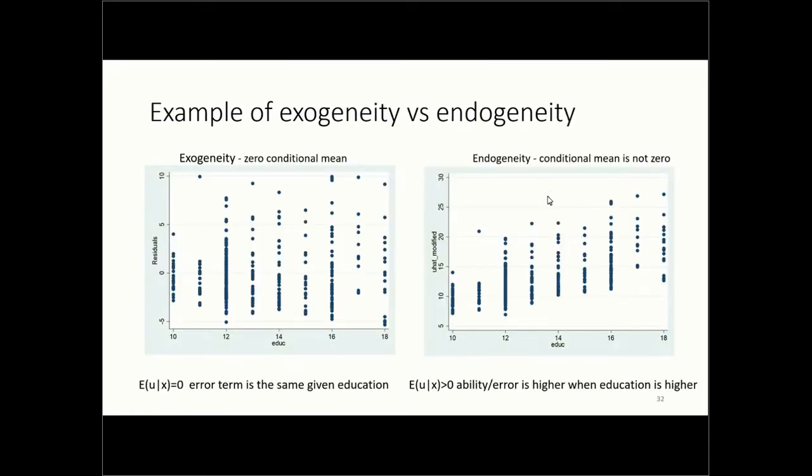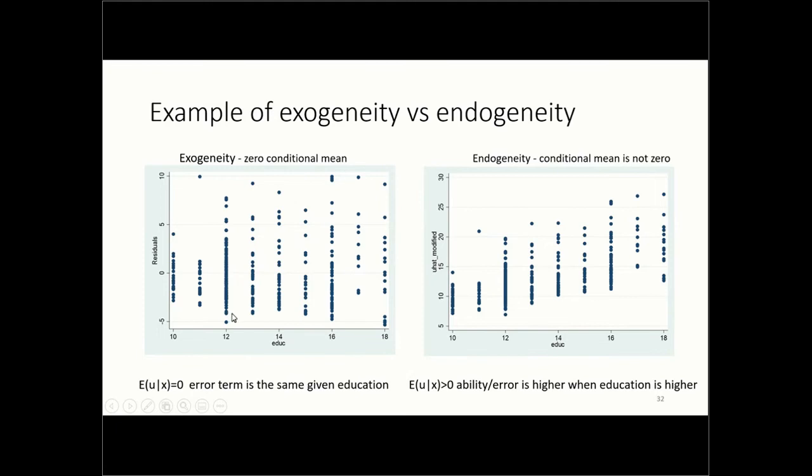So let me show you an example. This is exogeneity, or zero conditional mean. If we look at residuals here, for any value of x, for education, if we sum up these residuals for each x, they would sum up to 0. However much we have above the line of 0, we would have below the line of 0.